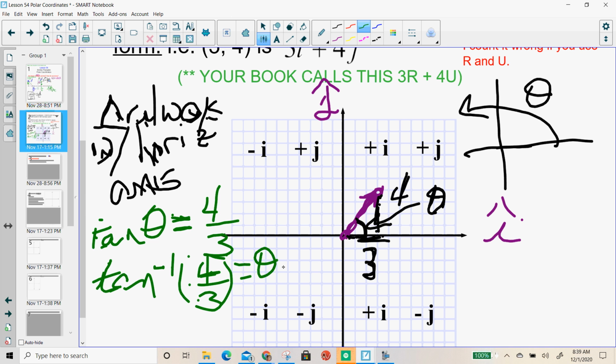Now, we know when we are talking about graphing things, if I am in this first quadrant here, everything's positive. If I'm graphing a point, it's a positive x and a positive y. If it's a vector, it's a positive I hat and a positive j hat. Same thing for the other coordinates.